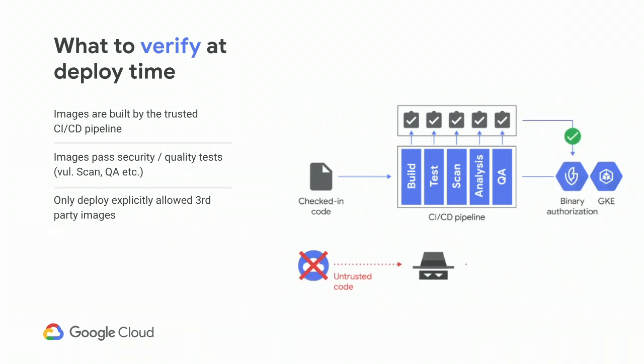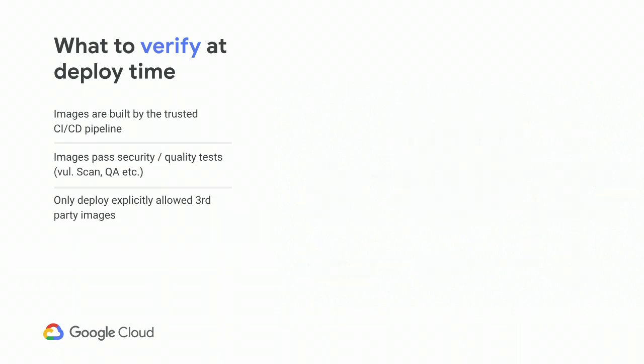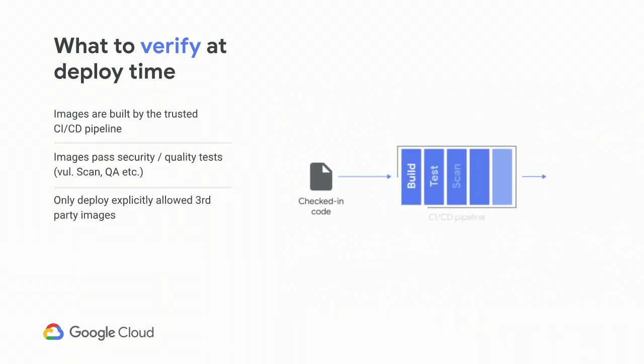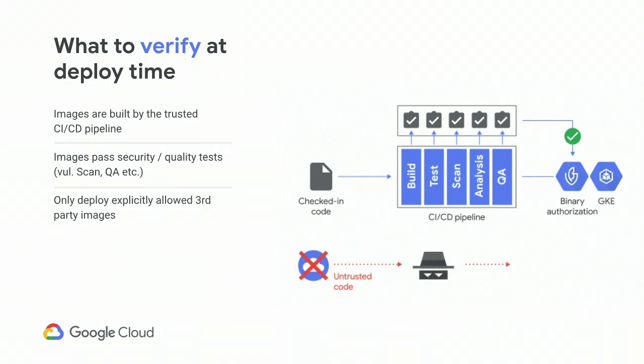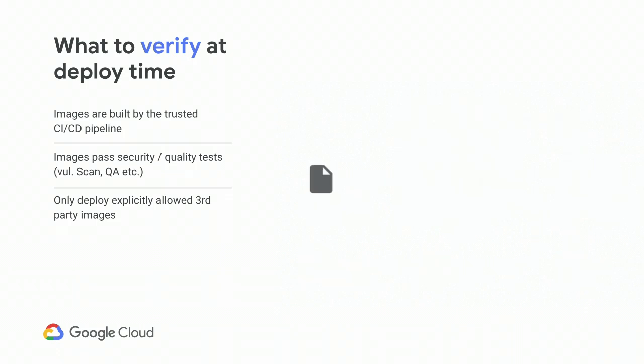Or the scanner would put a signature on an image, which means this image has satisfied my scanning policy requirement. And by the time the image comes to be deployed, at deploy time, there are a number of signatures already available for verification. Now, binary authorization takes a look at those signatures, compares them with the policy that you've defined, and says, OK, this is a good image.